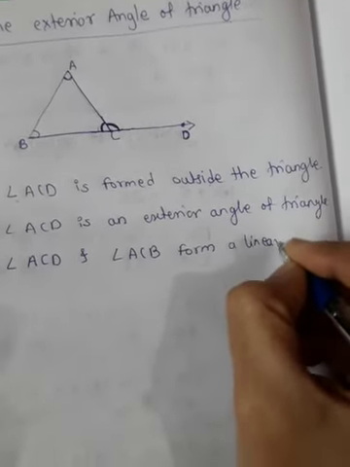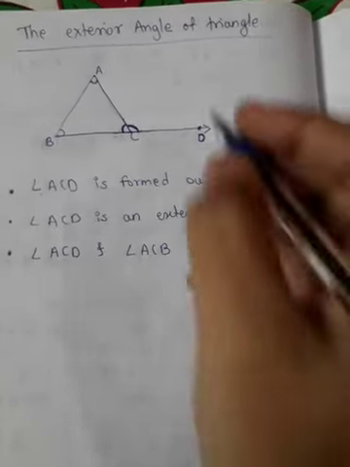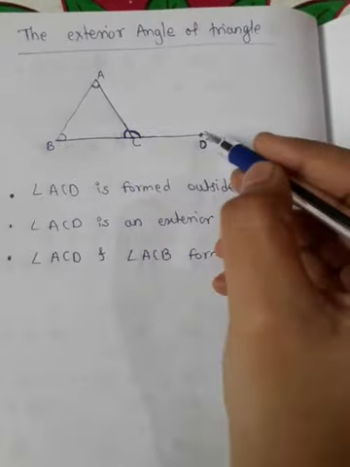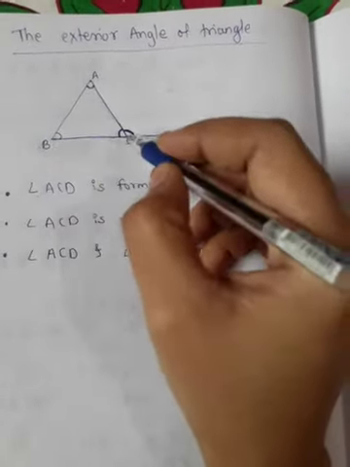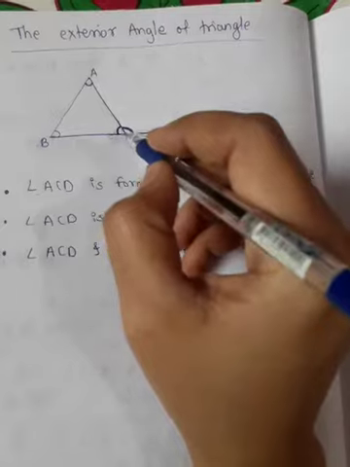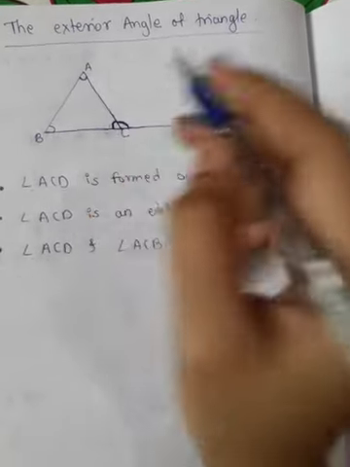So see, here angle ACD is an exterior angle of triangle ABC, and this exterior angle ACD makes a linear pair with its adjacent interior angle ACB.